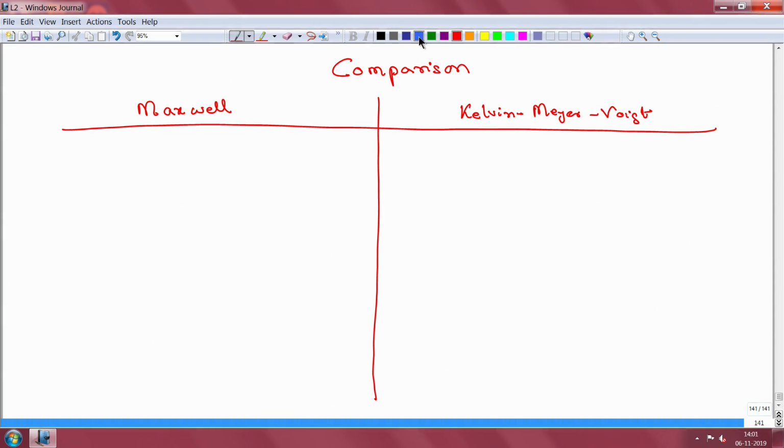Both of them are continuum models, which means that we are using analogues disregarding the exact atomistic basis for the viscoelastic system. So, we have not asked ourselves what is it at the atomic scale which makes this particular system viscoelastic.